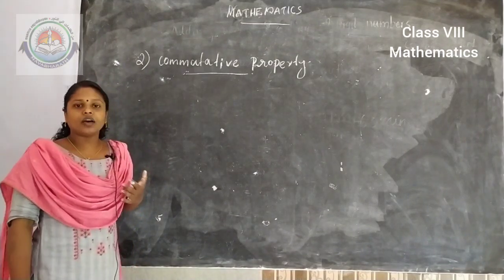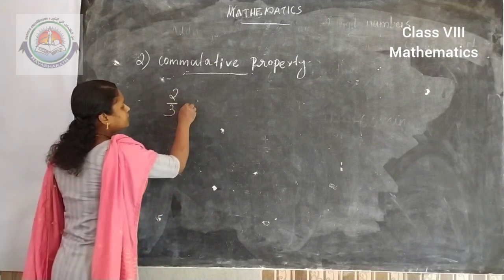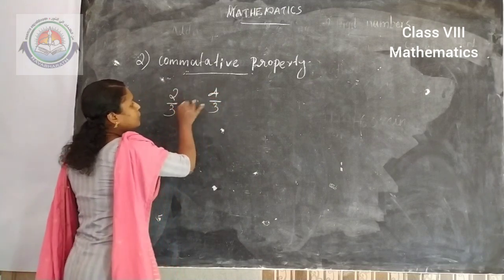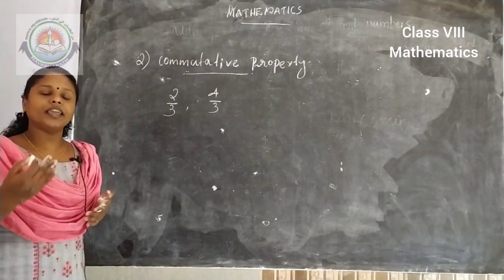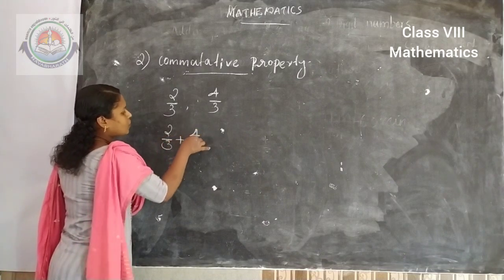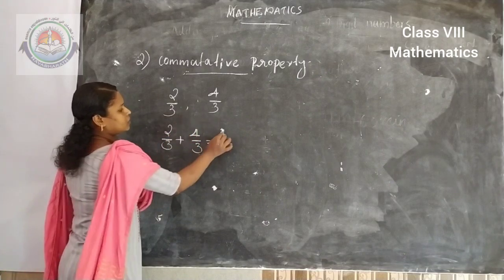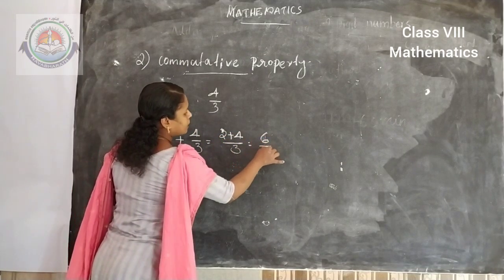That is, if we have two rational numbers, suppose 2 by 3 and 4 by 3, we can add two rational numbers in any order. That is, 2 by 3 plus 4 by 3 is 2 plus 4 by 3, that is 6 by 3.